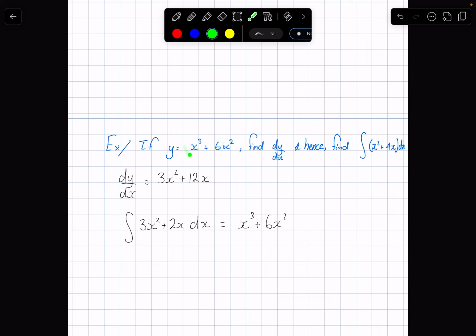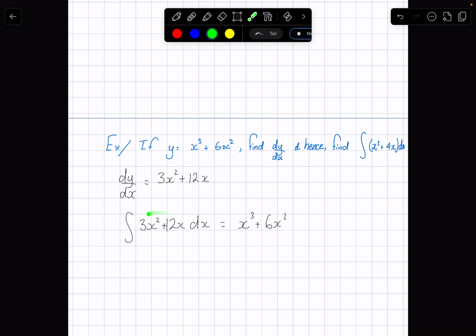So if I find the derivative of my original function, I then throw that into an integral, I get my original function back. Now, it's not quite what we want though. Over here, we are sort of lacking a few things, and I've just realized I missed my 1 there, so that should be 12x, not 2x. You can see I want x squared plus 4x.